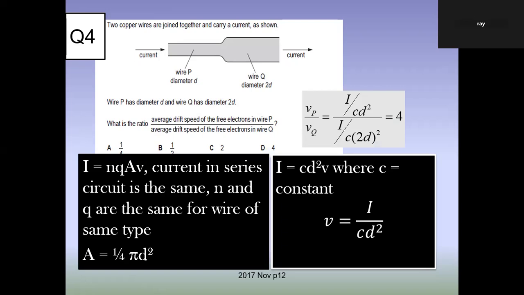And put in the formula. C is just a constant. We consider 1/4 pi and Q. N and Q are the same for both wire. Both wires are the same conductor, same type. So same Q and same N.